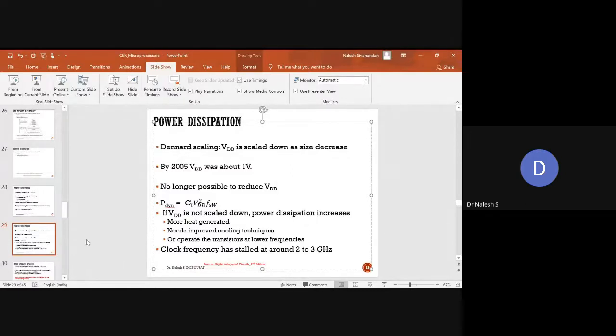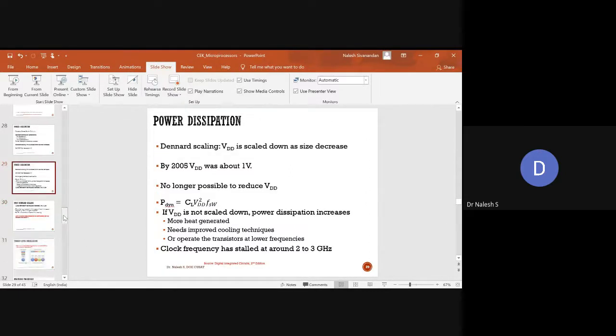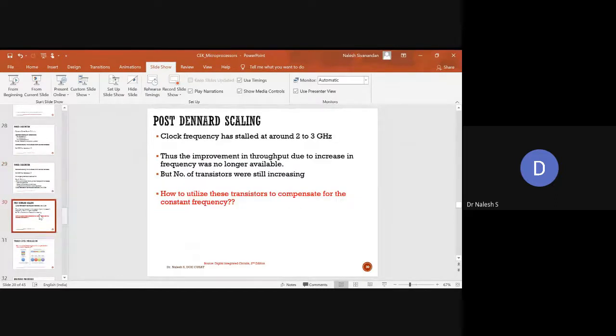So this era is known as the post-Dennard scaling era, where your power supply voltage is not reduced, so you can't operate your devices at high frequency. So what happened? Until 2005, architecture guys, or companies like Intel, were getting a free meal, because frequency is increasing.